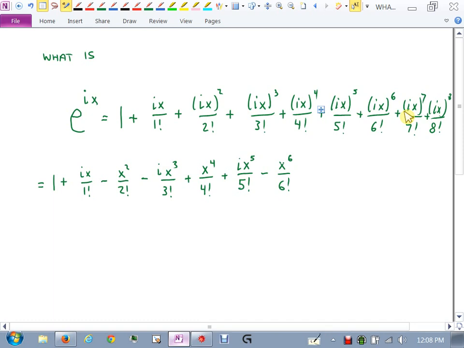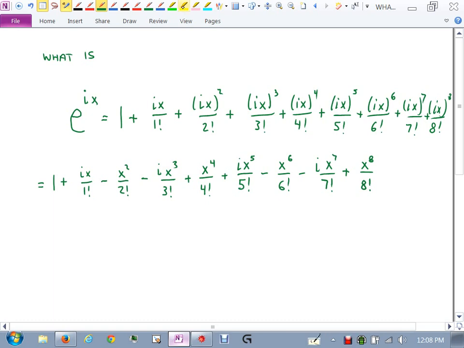What's i to the 7th? So now we're at minus i again. So minus i x to the 7th over 7 factorial. Almost there. What is i to the 8th? It's 1 again. So we're at x to the 8th over 8 factorial. So awesome, man. I get excited about this even though I've already seen it.